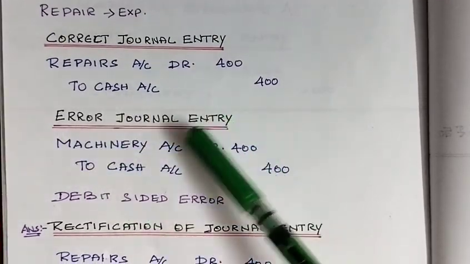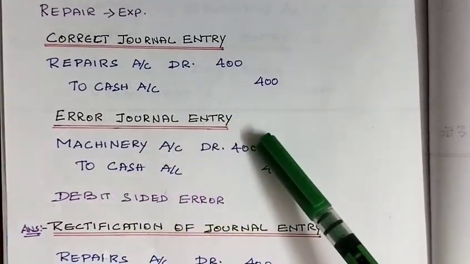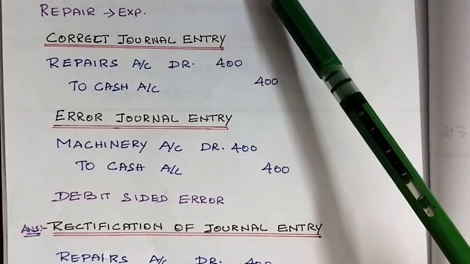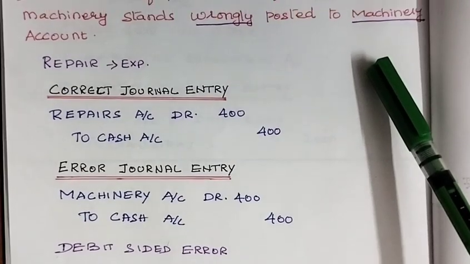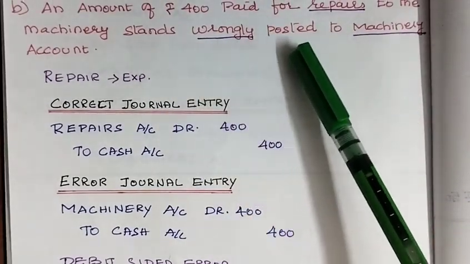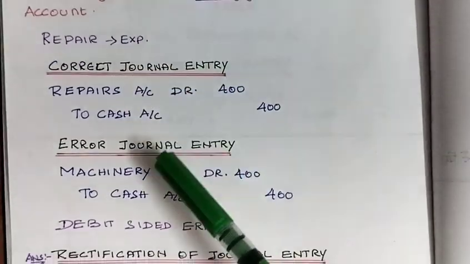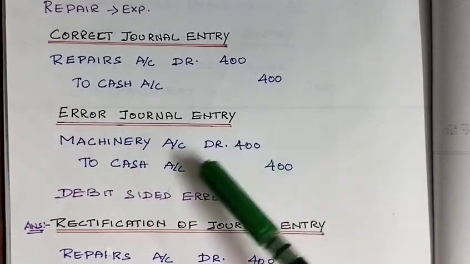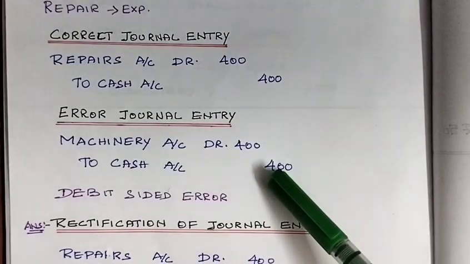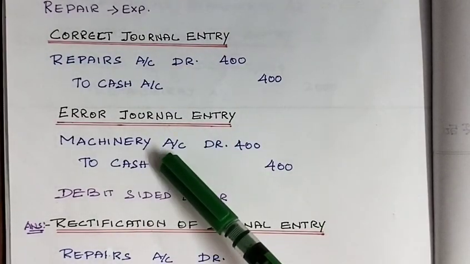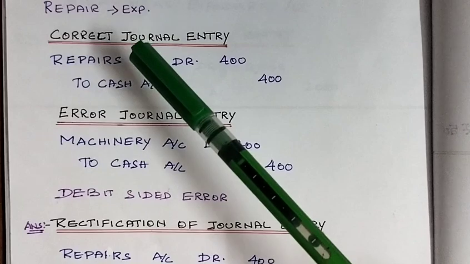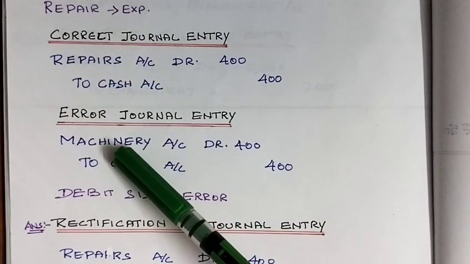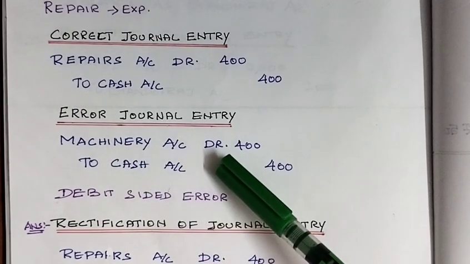The error journal entry is machinery account debtor 400 to cash account 400. This is the wrong journal entry.